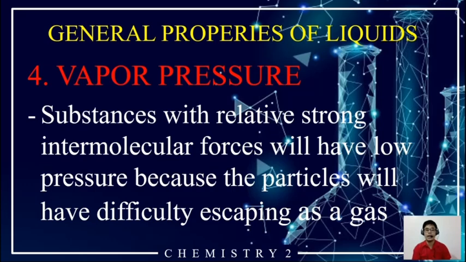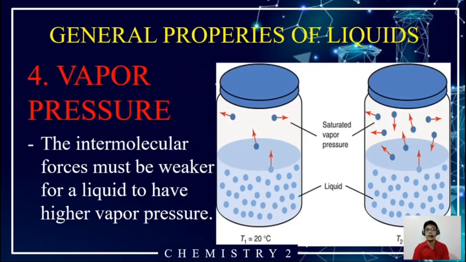Kasi nga, hindi agad makaka-escape yung gas particle kasi sobrang strong nung intermolecular forces of attraction between molecules. Next is the intermolecular forces must be weaker in order for that liquid to have higher vapor pressure. So kaya nga makita natin dito sa picture, dahil mas mababa yung temperature nitong nasa kaliwa, ayan, na container.